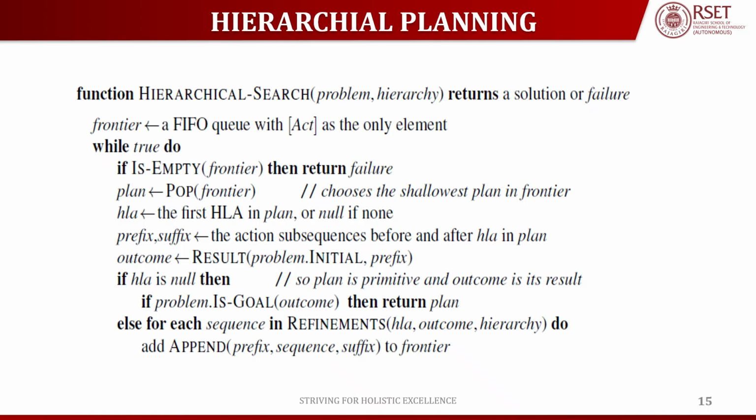As we discussed, hierarchical planning breaks a complex problem into smaller sub-problems using different abstraction levels. Instead of solving everything at once, we'll start with high-level actions, that is the abstract task, and then you can gradually refine them into detailed primitive actions.